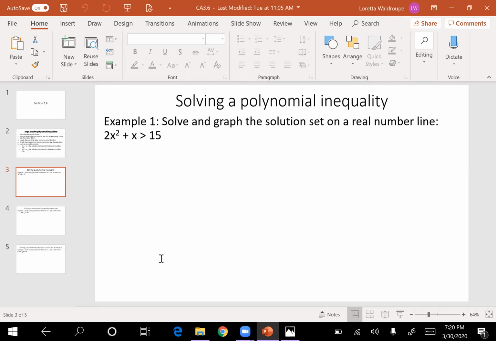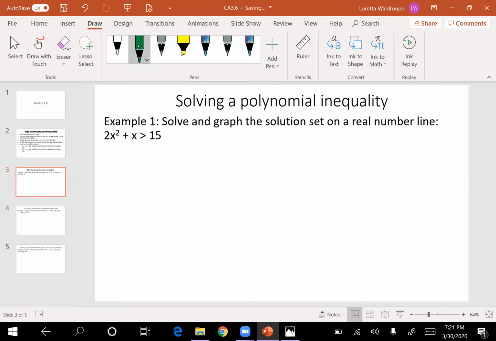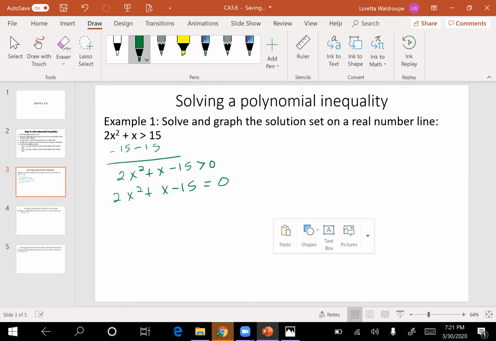Okay? So first, I'm going to subtract 15 from both sides to make this inequality equal to 0. I'm going to work this as if it was equal to, because I don't care right now that it's greater than. I'm just solving.